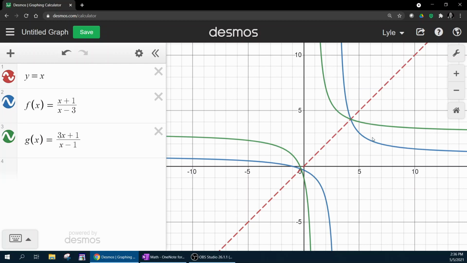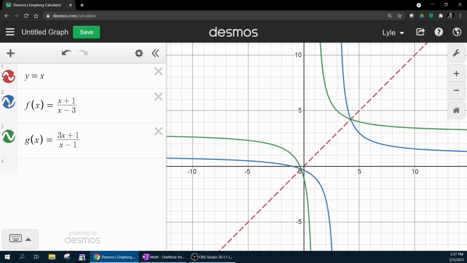If I fold on the dotted line, you're going to have the graphs lay on top of each other. So this verifies that what I have for the inverse function is actually the correct inverse function because I get the correct symmetry, the symmetry that I expect a function and its inverse to have.